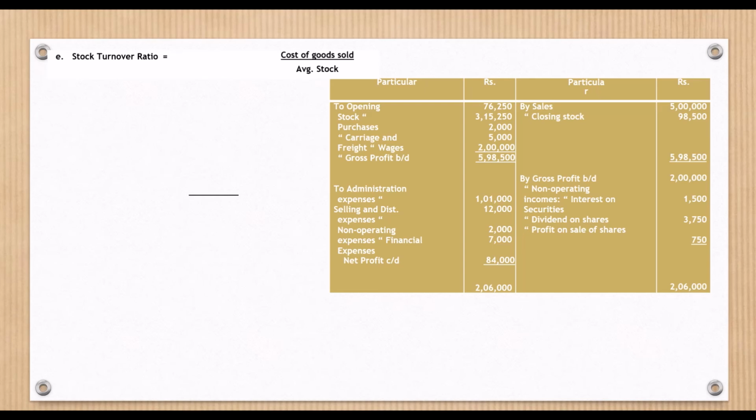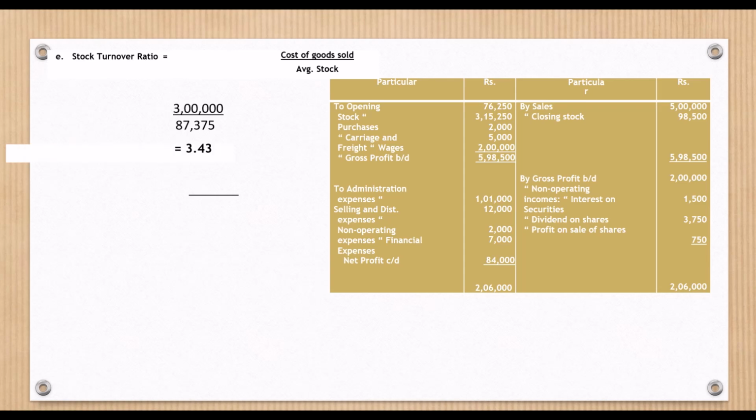To know the average stock, the average stock is equal to opening stock plus closing stock divided by 2. In the previous step we got the cost of goods sold as 3 lakhs, and the average stock will be 87,375. If we divide, we'll get 3.43.